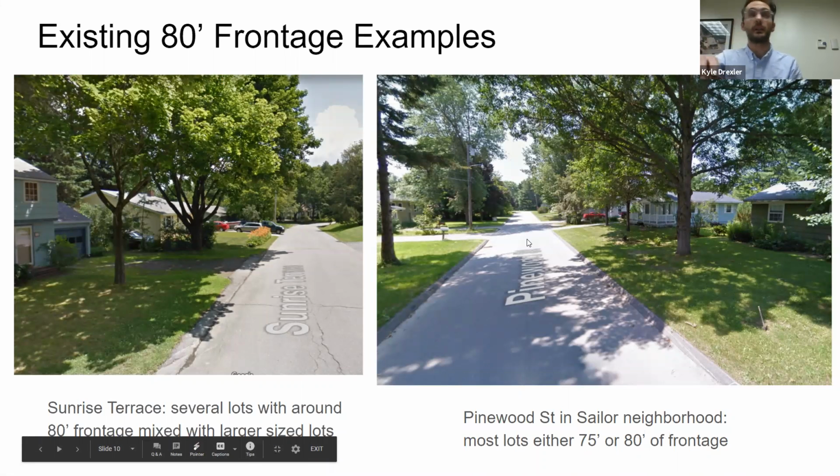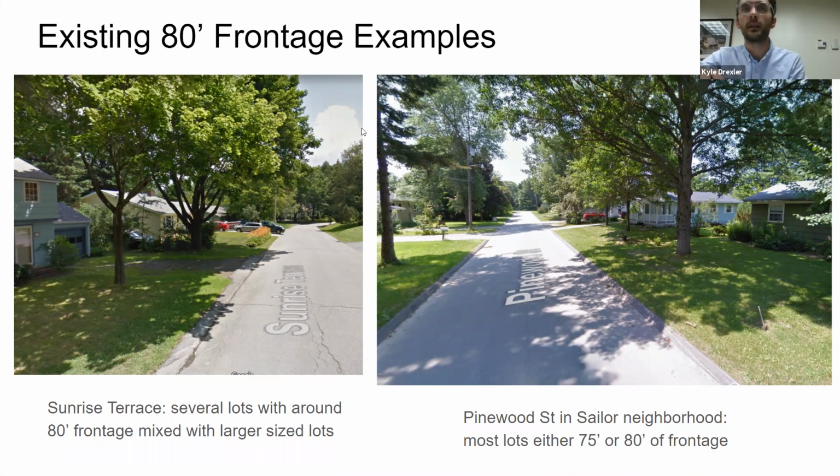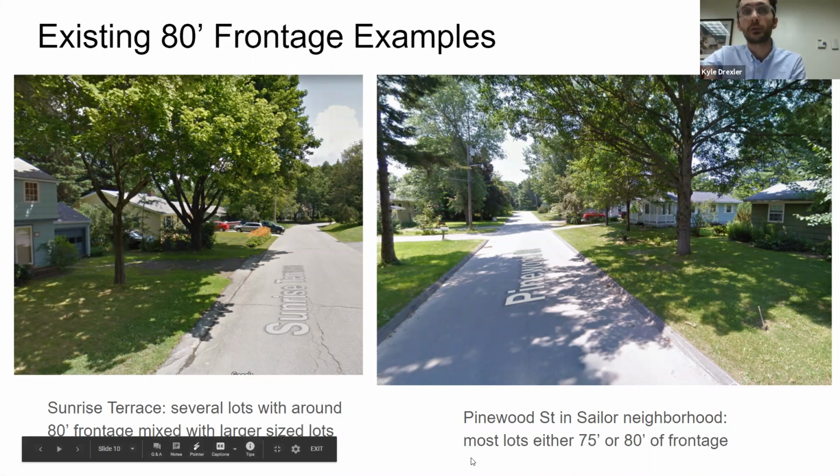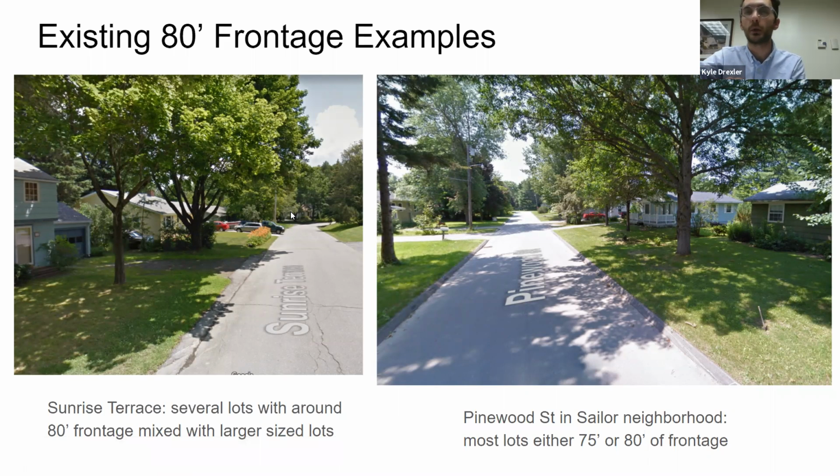Okay, the next slide is giving some examples of the lower frontage requirement that already exist in town. On the left, Sunrise Terrace shows several lots along the street with frontage around 80 feet. You can see that there's still space. There's not an overabundance of cars parked on the street or close together, and the houses aren't right on top of each other.